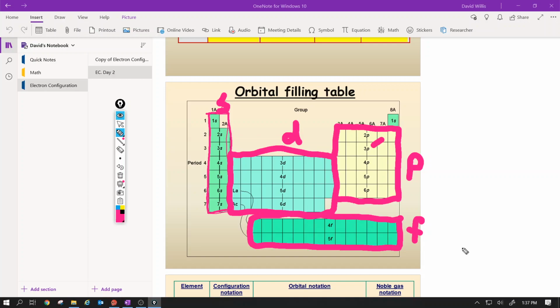Could you guys take a picture of it? Can you send it to me, please? So everybody snap that, your orbital filling table. Let's press on, please.